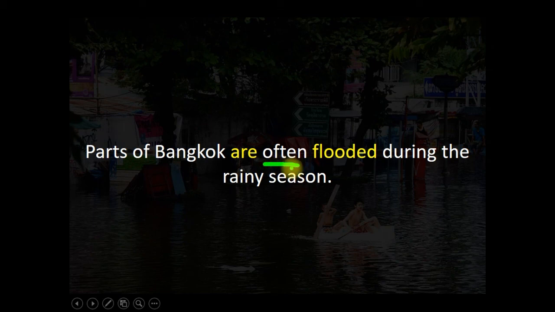Right? We're talking about something that happens again and again. So in this case, we're really referring to this as a passive construction because parts of Bangkok are often flooded. This means that the rains and the monsoons flood parts of Bangkok often. So this could be passive voice.